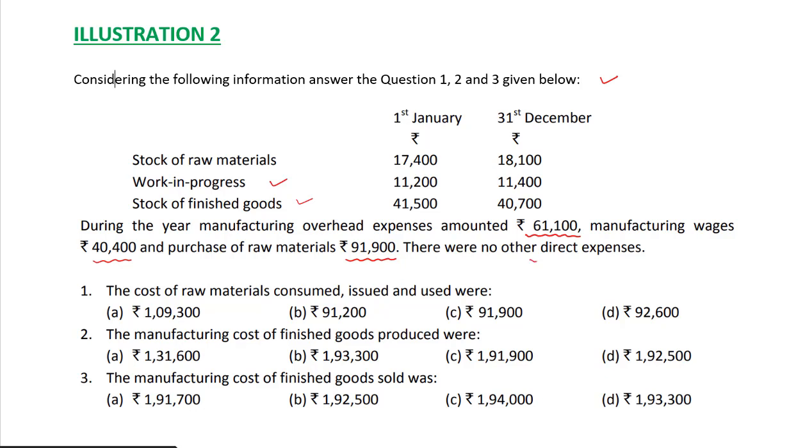There were no other direct expenses. Question: the cost of raw material consumed, issued and used were. We need to calculate it.